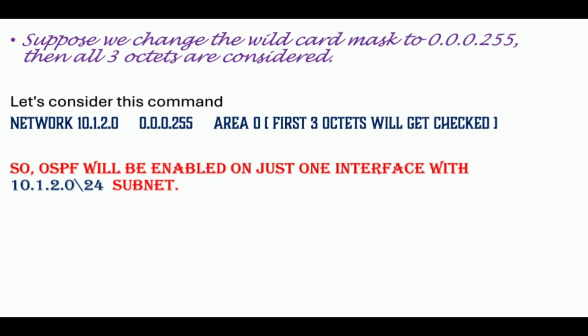In this case, if I need to enable OSPF on all the three interfaces, I will choose the mask as 0.255.255.255. If I need to enable just one interface, I will choose the mask as 0.0.0.255.